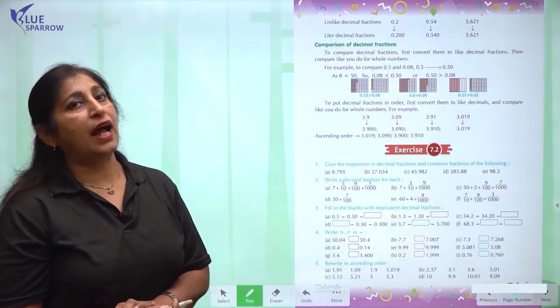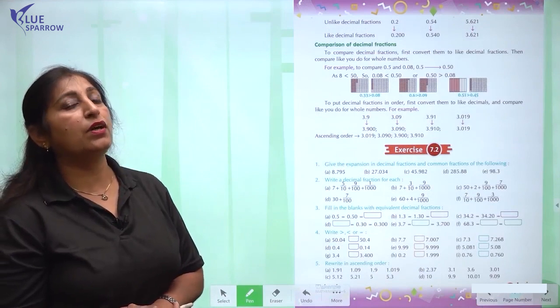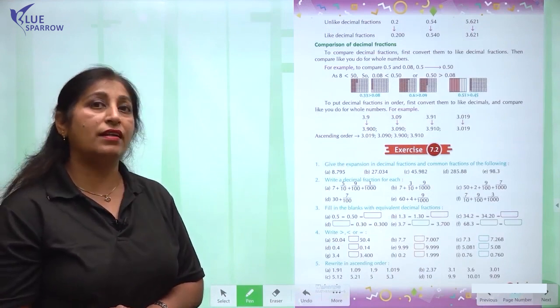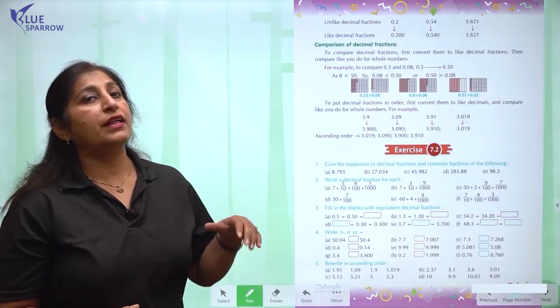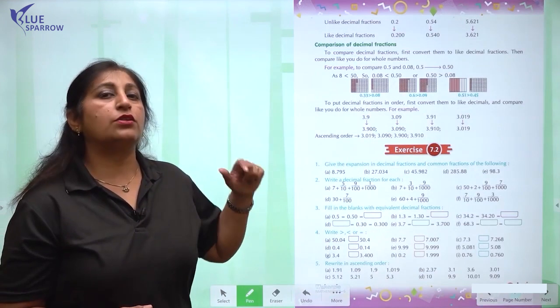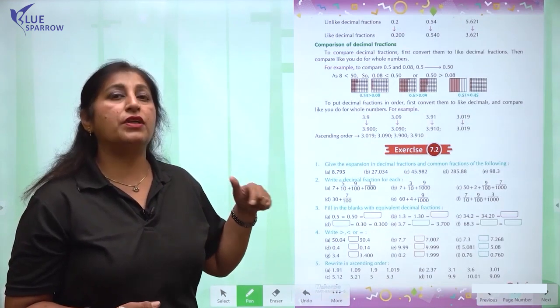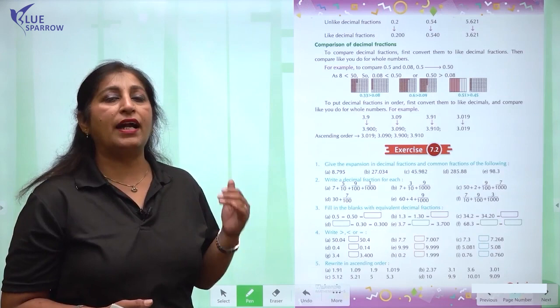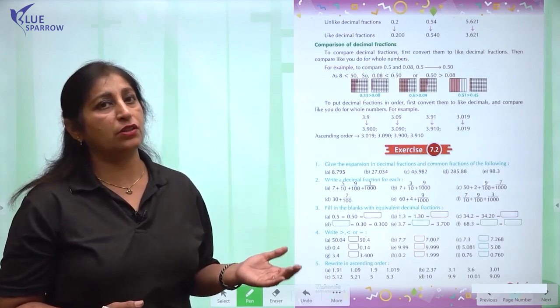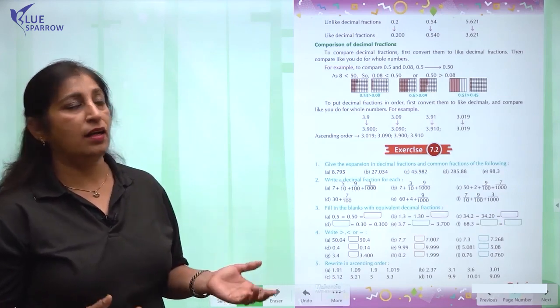Suppose you are given three numbers and asked to convert them into like fractions. We can convert the given unlike fractions into like fractions by adding or removing as many zeros as required.